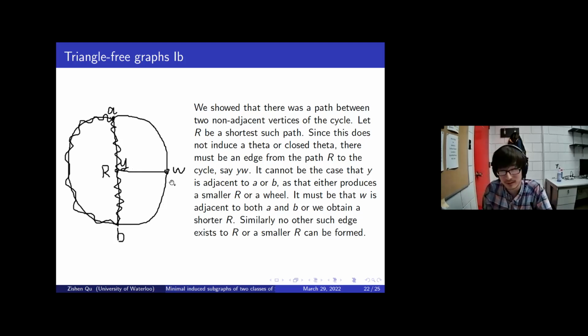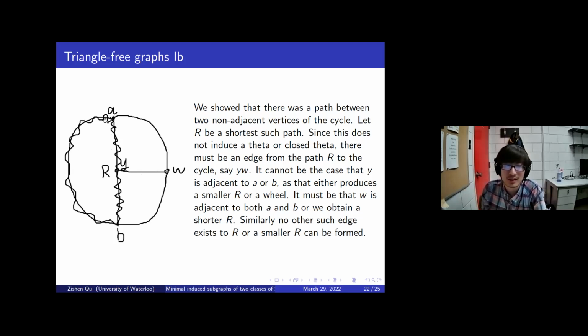Now if you have a vertex on the left side of AB, on the left path, and it's adjacent to the path as well, then you can make a shorter R with that as well. You take that vertex, go to the path, go to Y, and then go to W. That's shorter because it only takes two edges, and you know that Y and the other vertex are not adjacent to A or B. So just by some counting, you can show that it's shorter. So there's no such thing because we should have picked the shorter one if it existed.